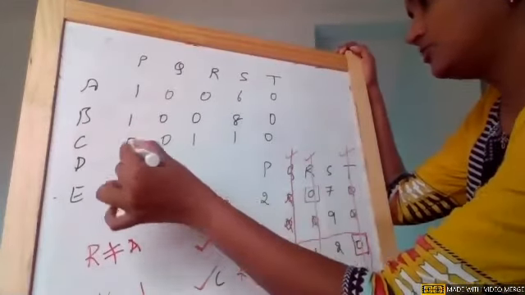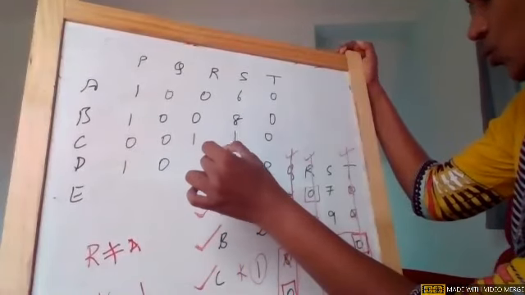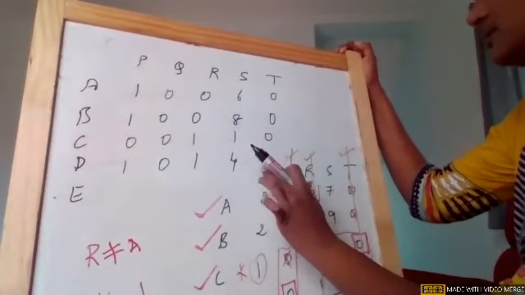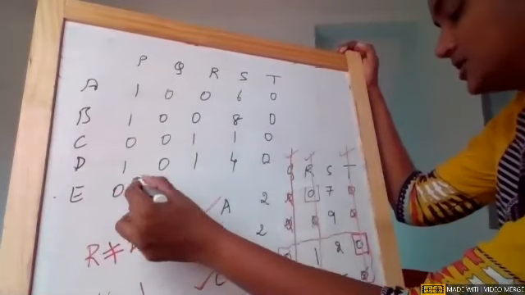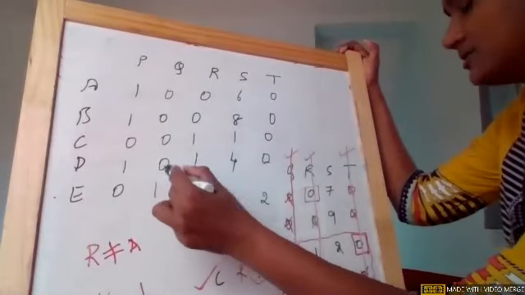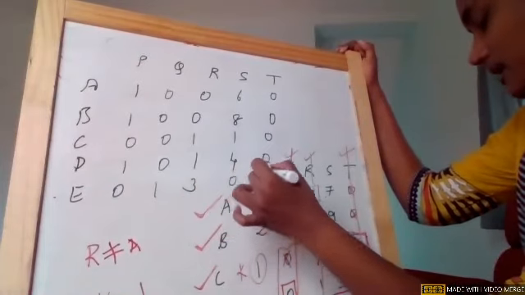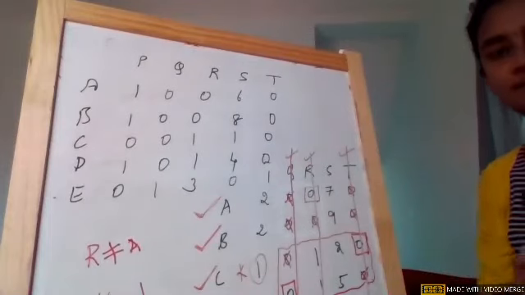D, 2 minus 1, 1, 0, 1, 4 and 0. Okay, E row 0, there is a combination, I mean intersection 3, 0 and 1. So this is how we got the new matrix.